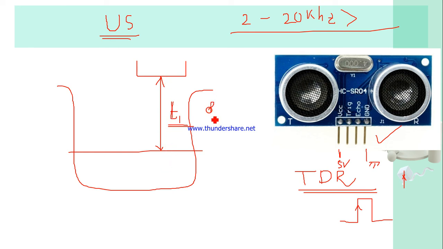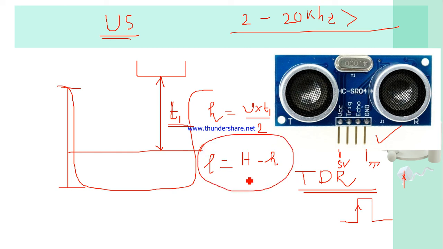This height, if it is h, so this h is equal to velocity of ultrasound into time of flight divided by 2. Okay, so now my total height of the tank, if it is capital H, then my instantaneous level is equal to capital H minus small h.